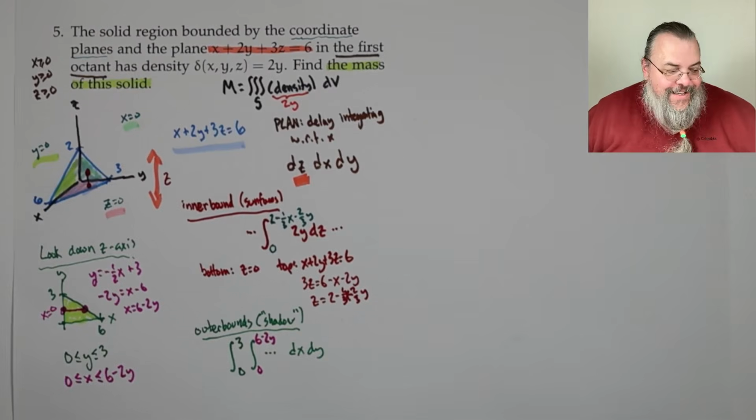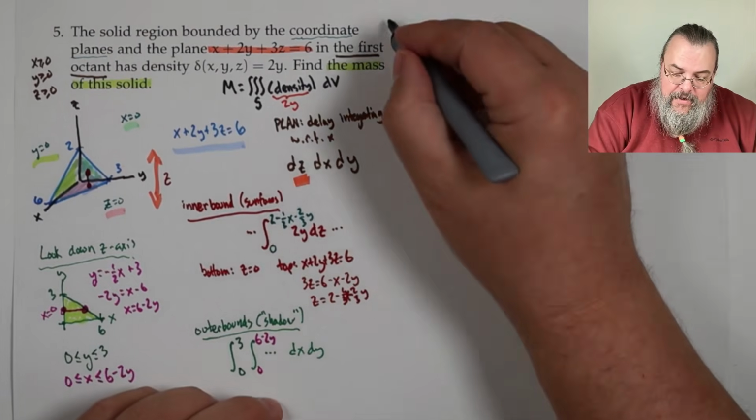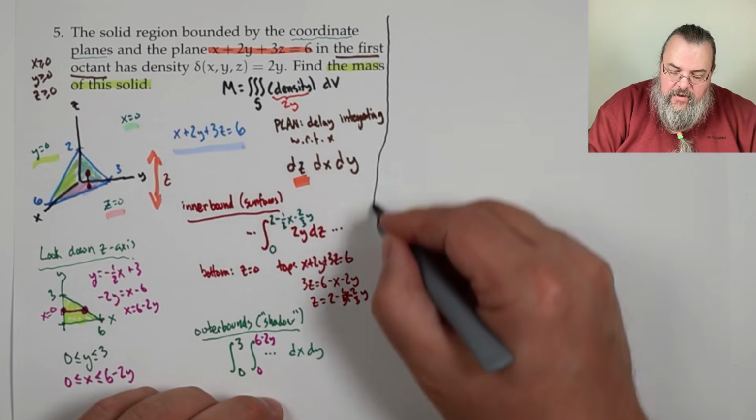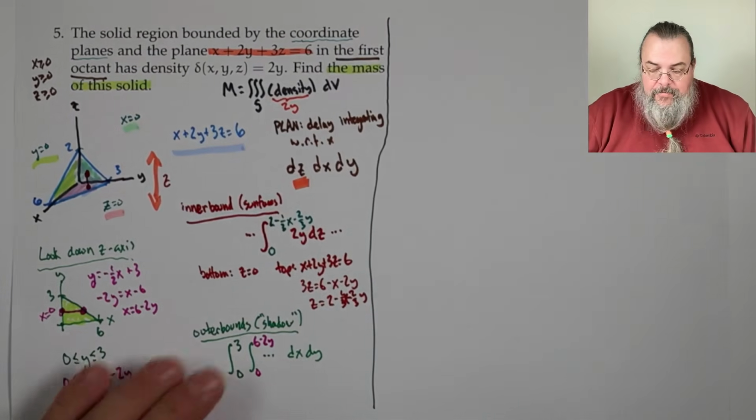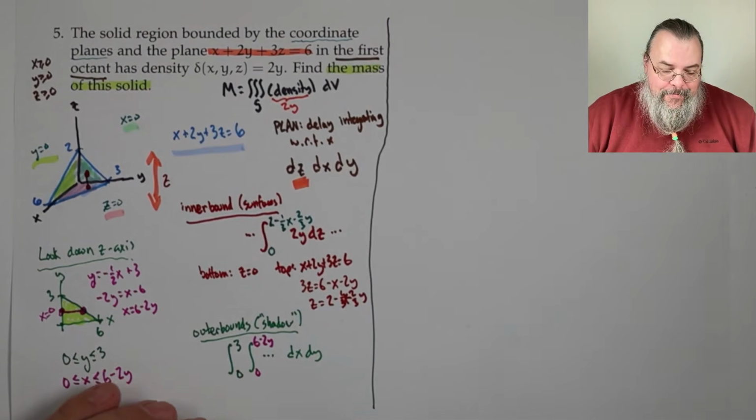It's been some work. Now, we're going to draw a dividing line, and we're going to write down our integral, and we're going to start chipping away at it.